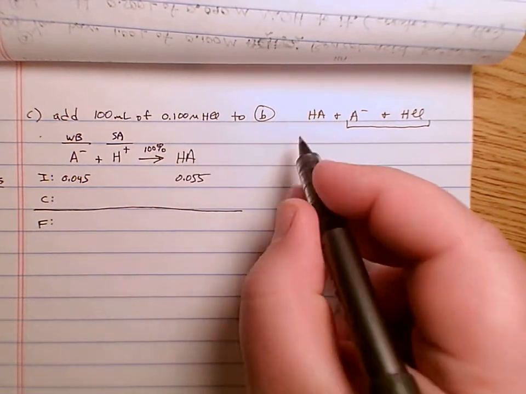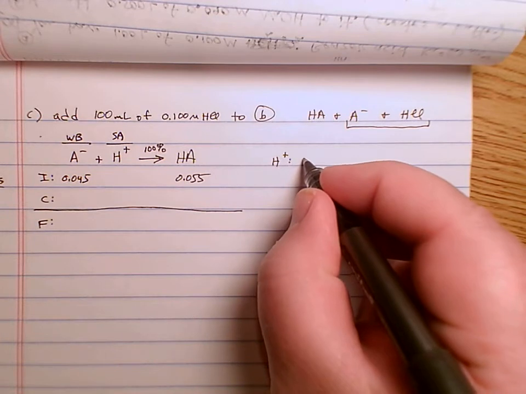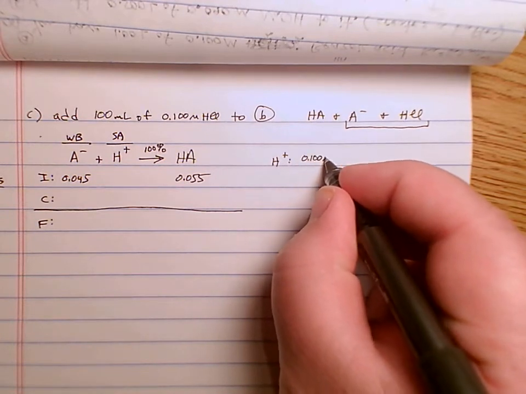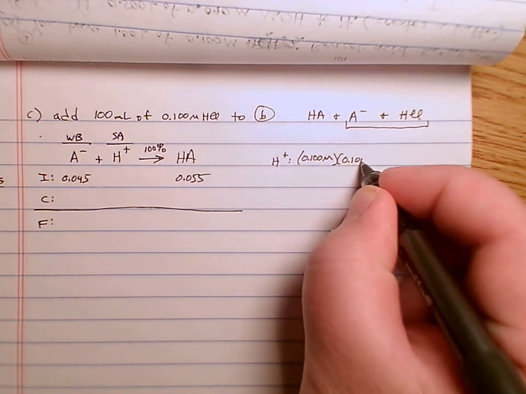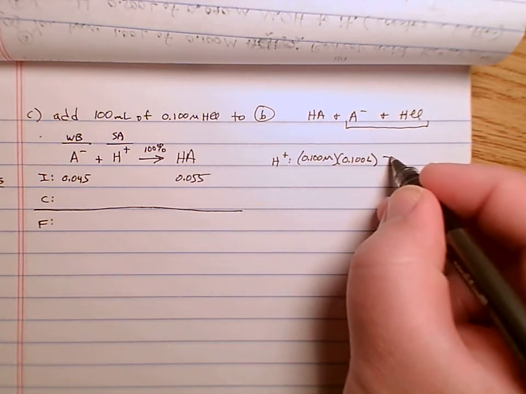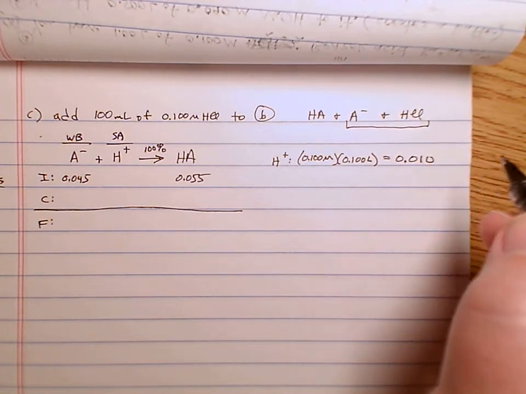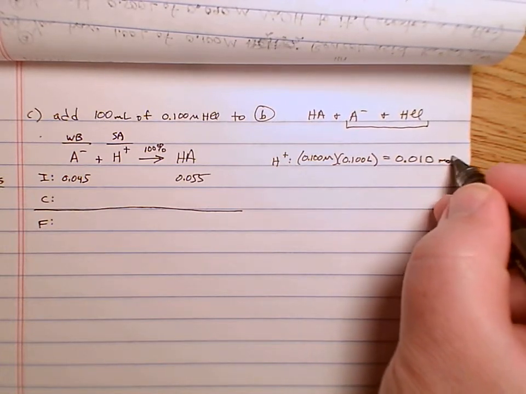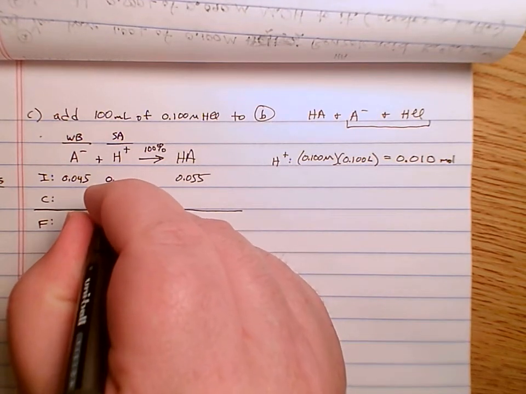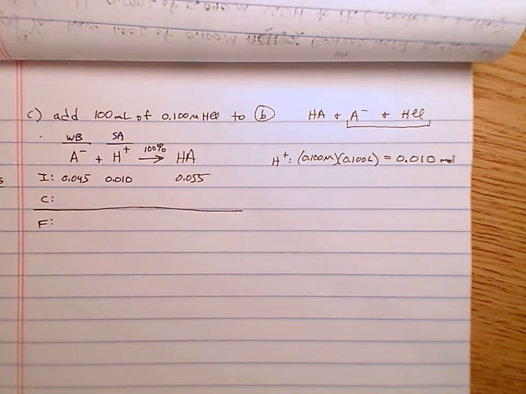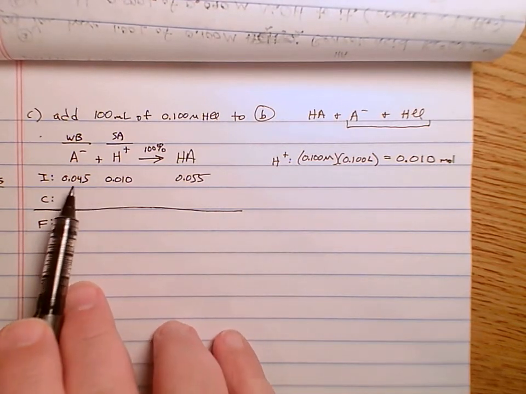Well, the amount of H plus in moles is going to be 0.100 molar times 0.100 liters equals 0.010 moles of H plus. Plug it in, 0.010 moles of H plus. All right, which is the limiting reagent?